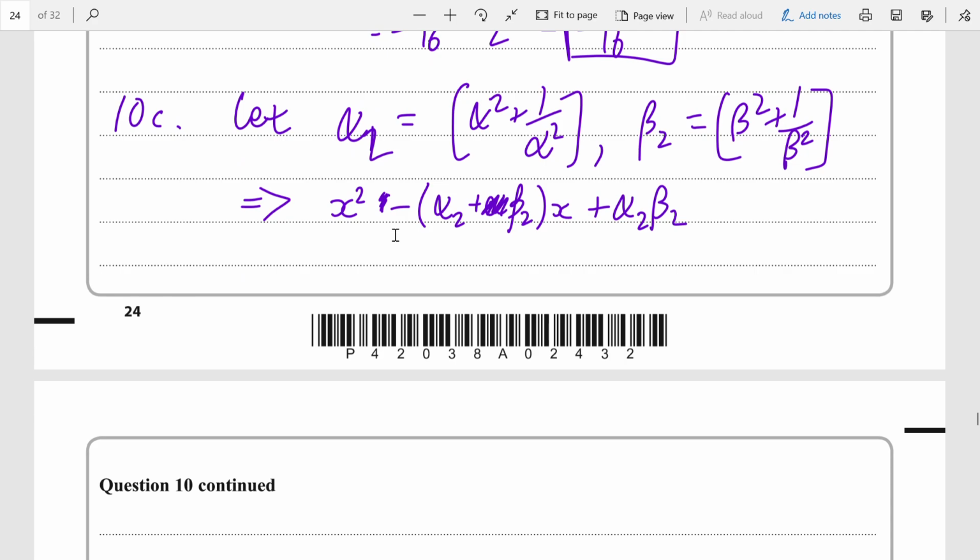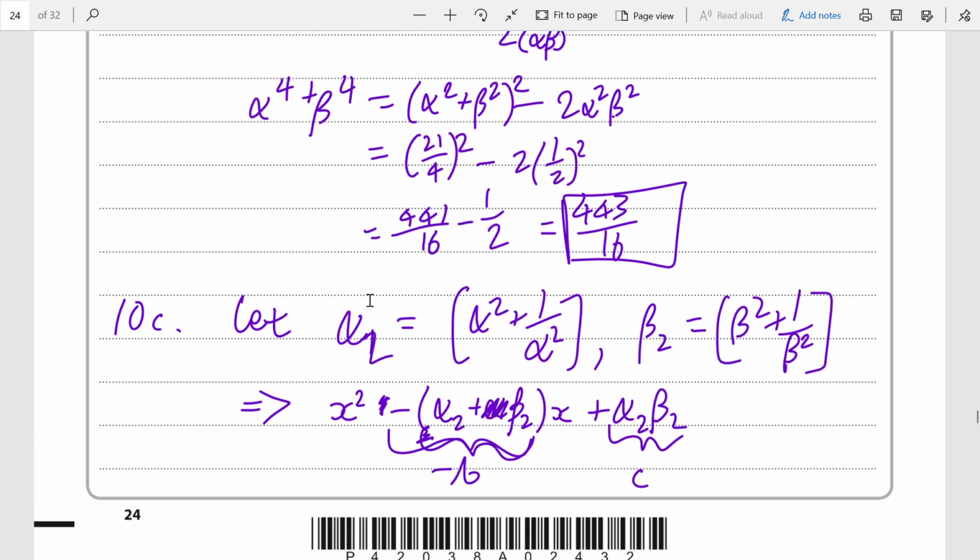And so this would be our b, and this would be our c. Or in fact, this whole thing would be negative b. That's what we're going for.